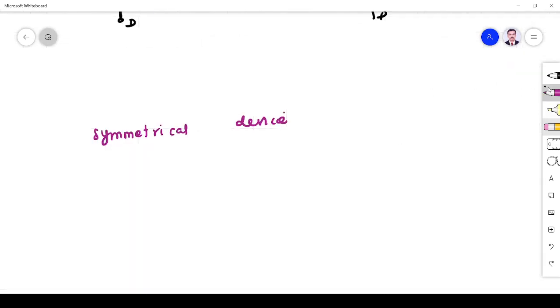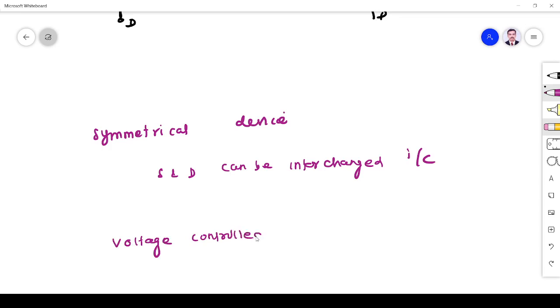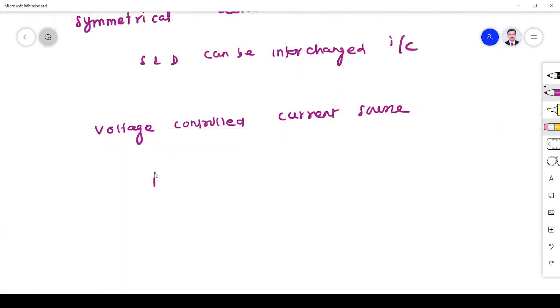So that's why MOSFET is called a symmetrical device, right? Source and drain can be interchanged. And it is a voltage controlled current source, right? The drain current is a function of the gate to source voltage.